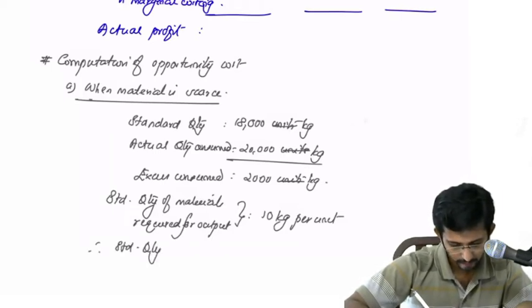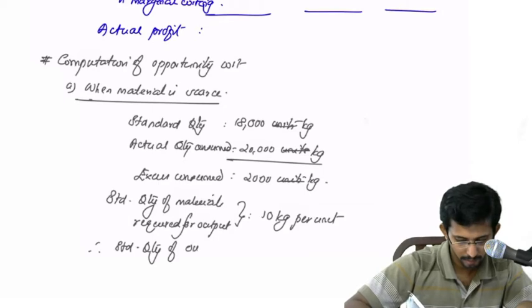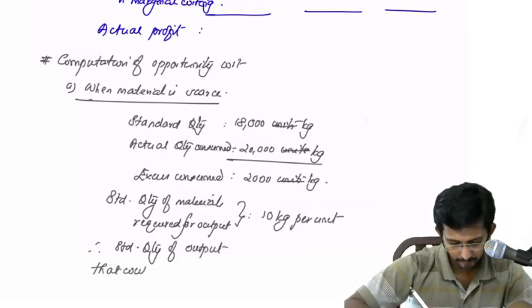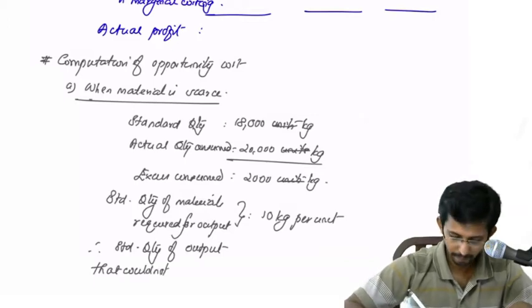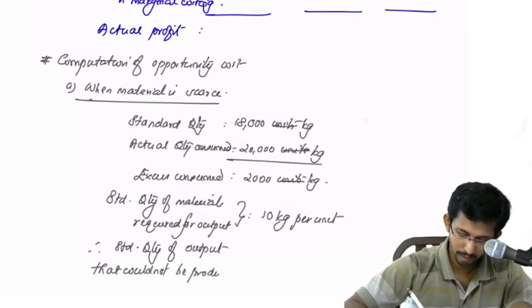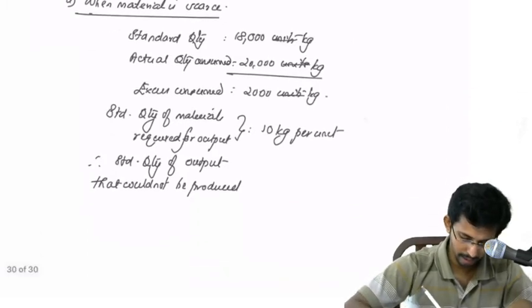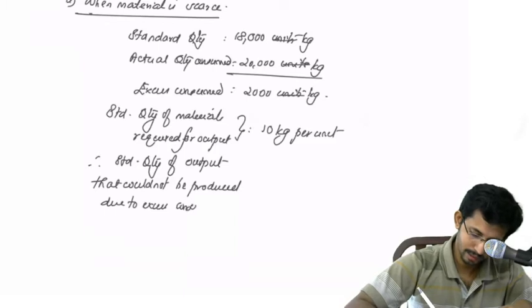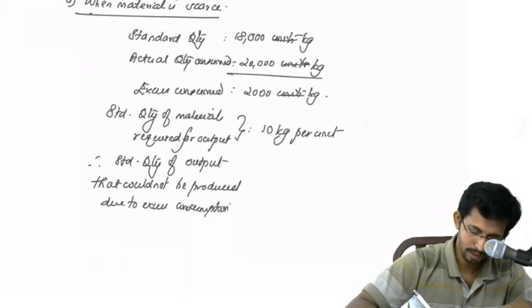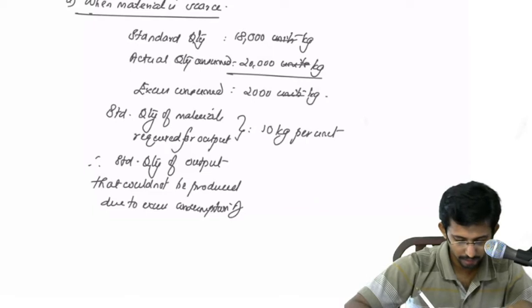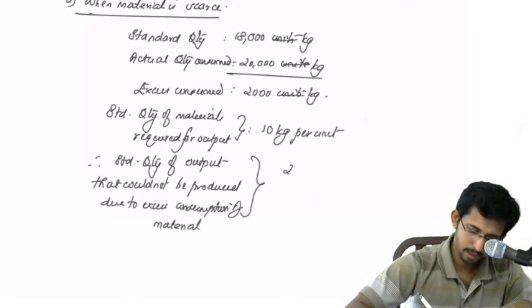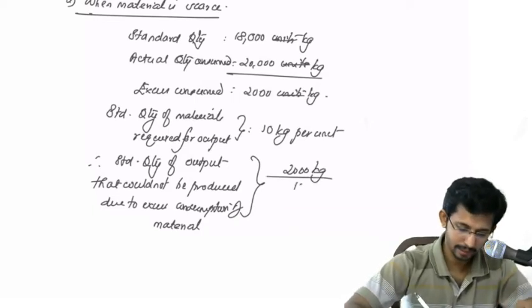Therefore, standard quantity of output that could not be produced due to excess consumption of material. What is the excess consumption? 2000 kg, and each unit of output required 10 kg.